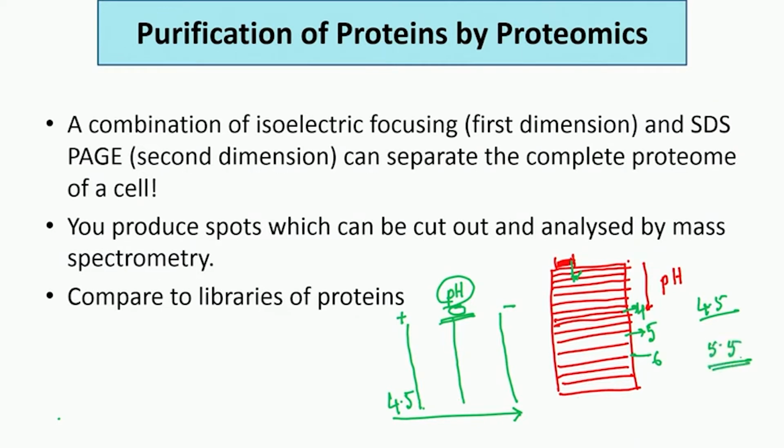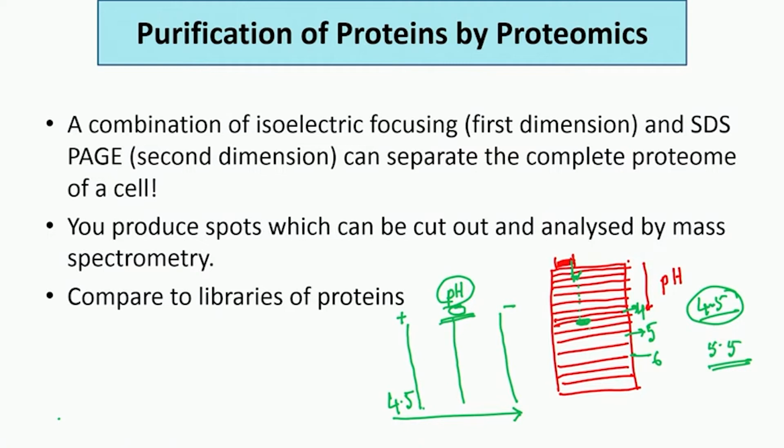Now, when the protein moves, the protein 1 which has got a pI of 4.5, as soon as it reaches the region where it is 4.5, somewhere here, it stops here, because now it will be neutral here at this pH.